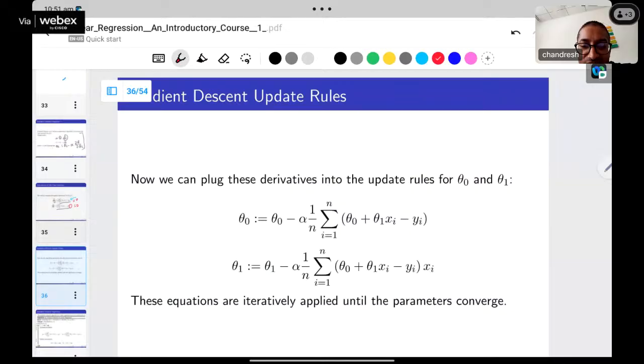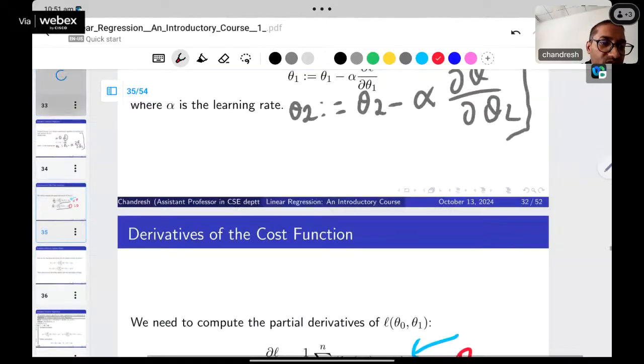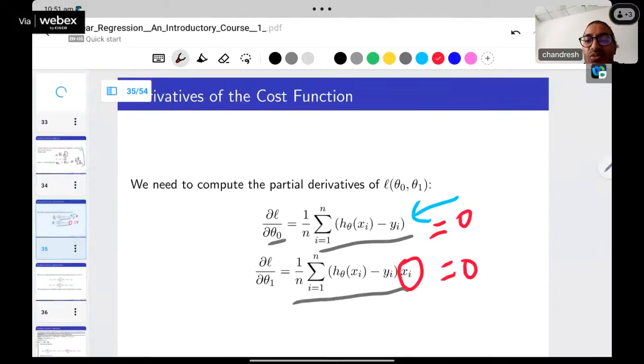Actually, very interesting, we don't need to set it to 0. Sorry for that. If you set it to 0 and solve for theta, you get the original closed-form equation, the covariance divided by variance that I had written.